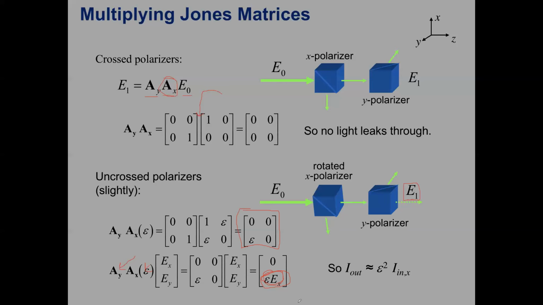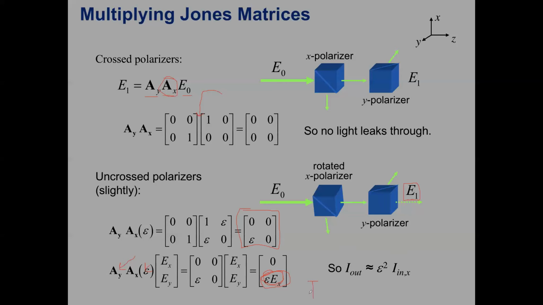An interesting thing here is you can use this to predict the output irradiance or intensity, which is proportional to the total electric field output squared. So the output is about angle squared times the input.